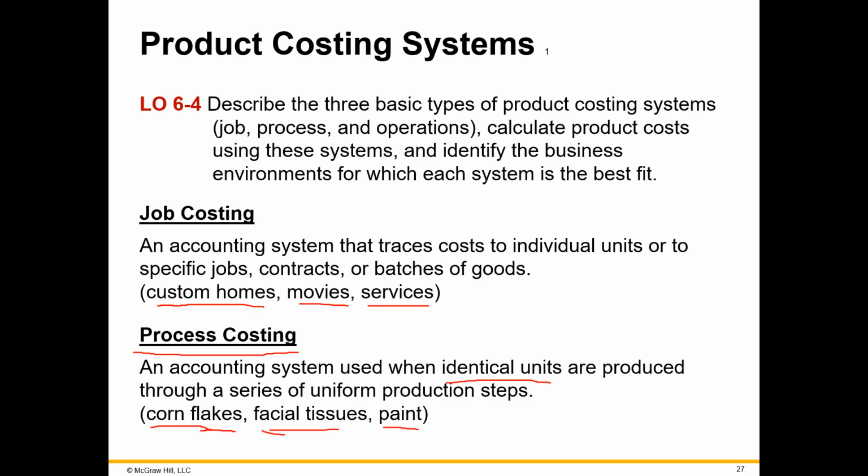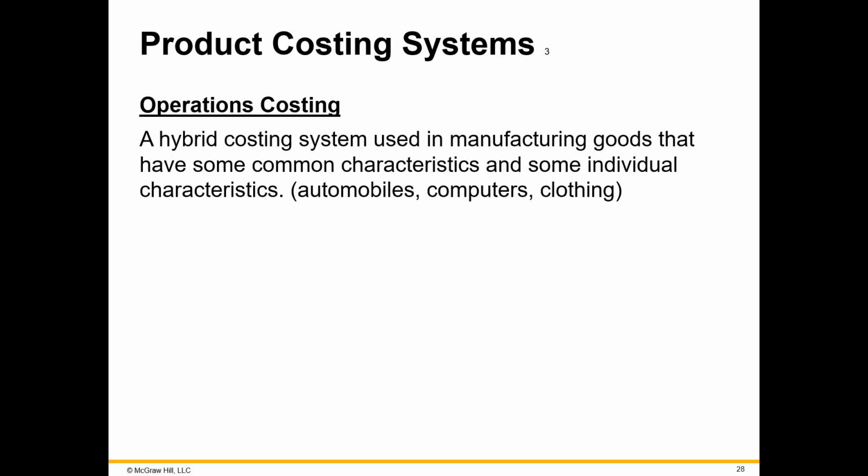And then you can have a hybrid type of business, and they're going to call it operations costing. And the examples they give here are automobiles, computers, and clothing, where when you produce these items, a lot of those components are going to be mass produced, like let's say for automobiles, the batteries or the tires.